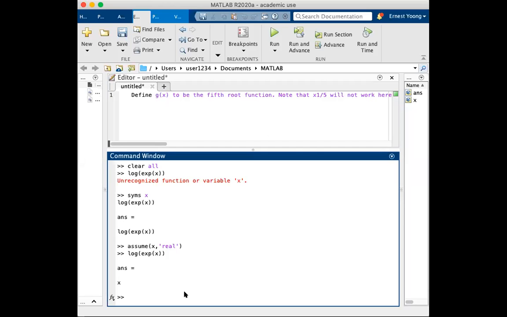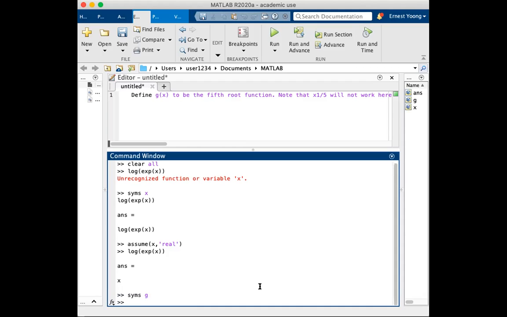Next, we try something like x to the power of 1 over 5, which means finding the fifth root. We need to find the fifth root of the function. Let's say this is function g. For that we have a special command, nthroot. n is the order of the root.